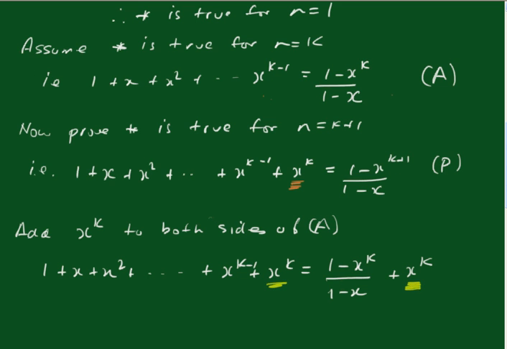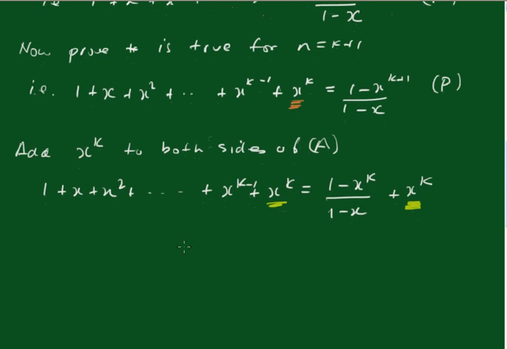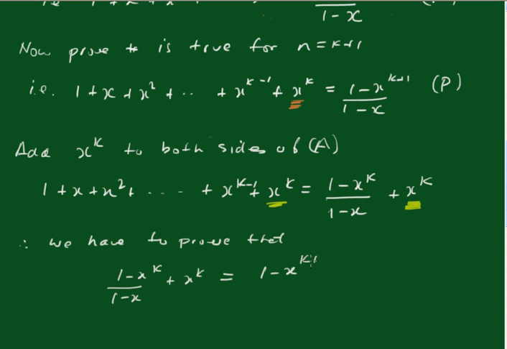Now, the algebra comes in now. Therefore, we have to prove that this 1 minus x to the k over 1 minus x plus x to the k is equal to the right hand side of P, because the left hand sides now match up.